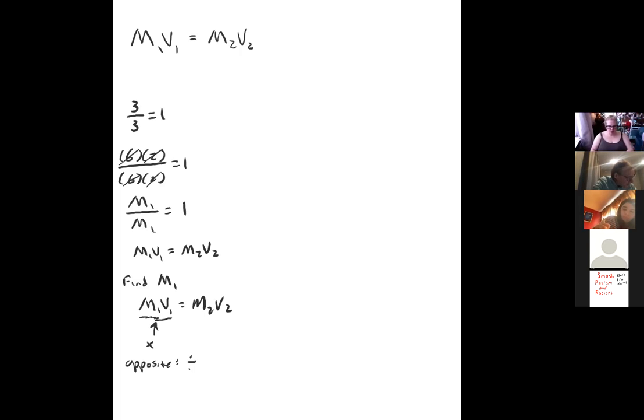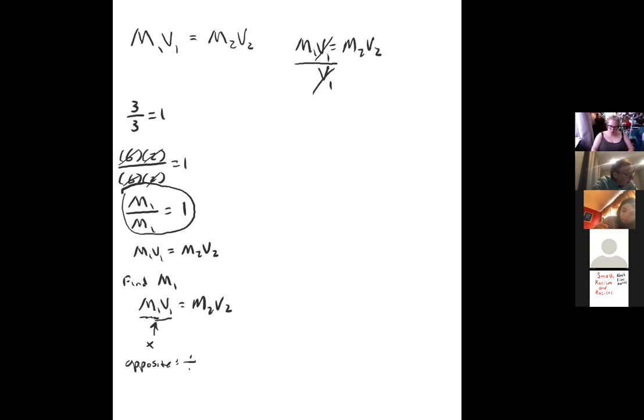So I'll show it over here. M1 V1 equals M2 V2. So to get rid of the V1, we have to divide it by V1, right? And then you can use this relationship here. A symbol divided by itself is equal to 1.